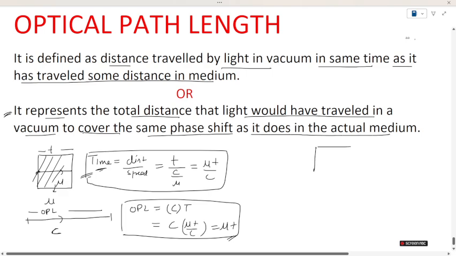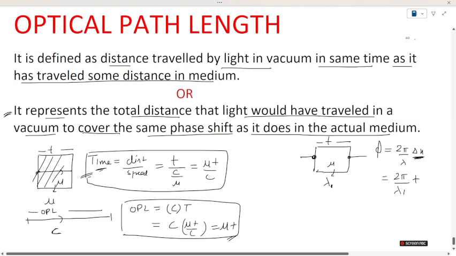So if a light ray is traveling in a medium, and let's say the light ray travels from this point to this point, we can write that the phase change is equal to 2 pi by lambda into delta x displacement. So 2 pi by lambda of this medium, let's say this is lambda 1, into the distance traveled, that is equal to t.